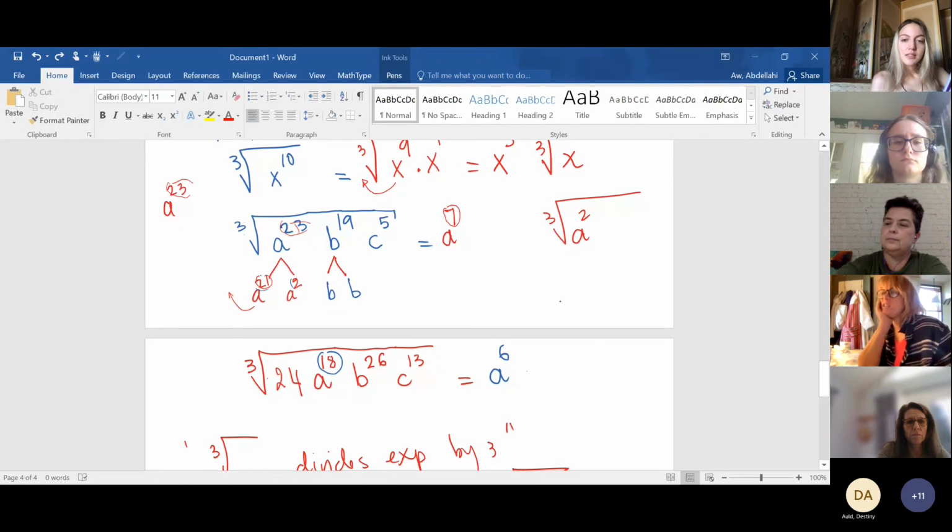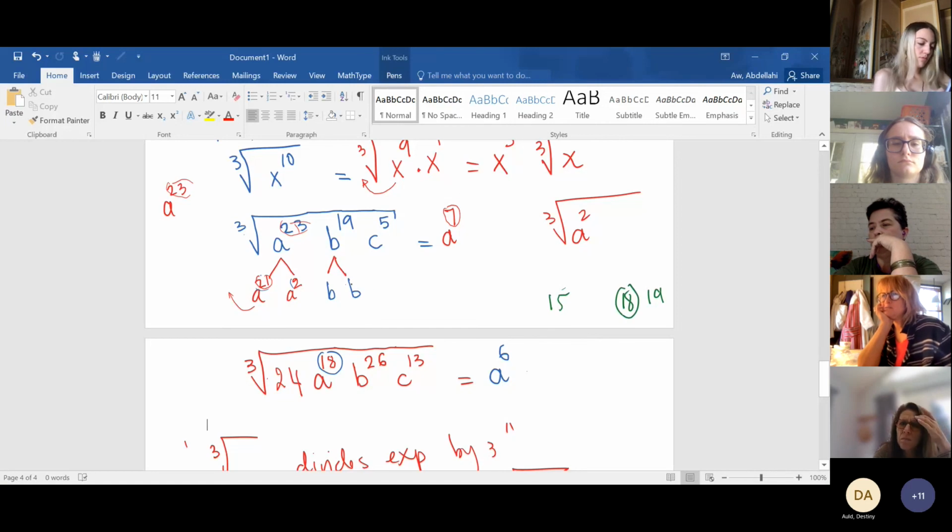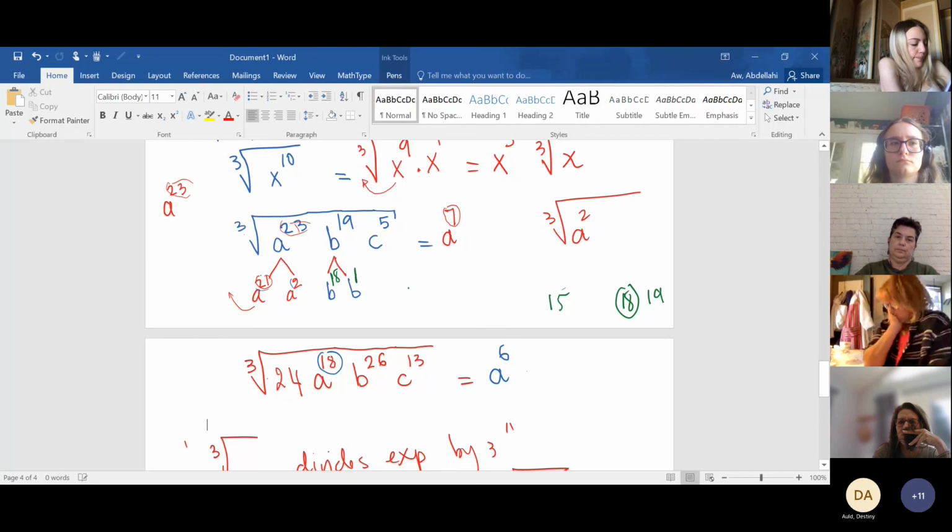Because you have 15 here, you have 19 here. When you go from 15 to 19, do you reach another multiple of 3? 18. 18 is the best choice, right? We always take the best one, the last multiple of 3, and then we have one remainder.